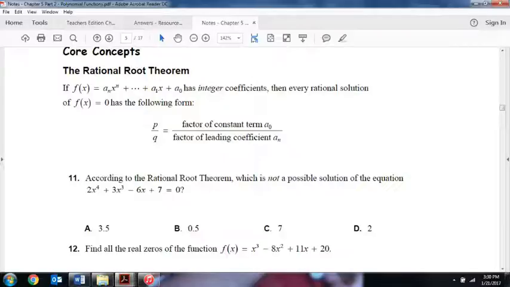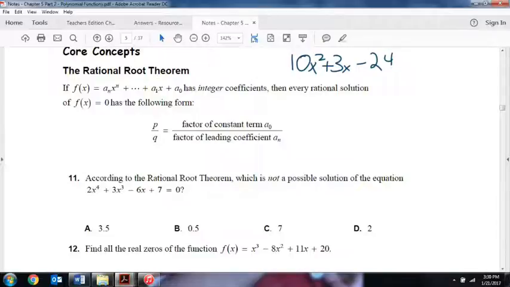So, for example, if I had 10x squared plus 3x minus 24. For this, positives and negatives don't matter.